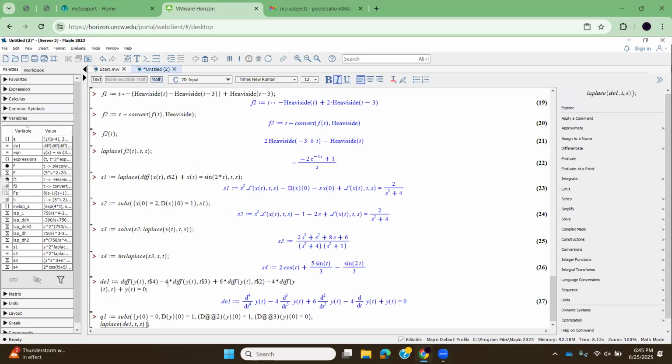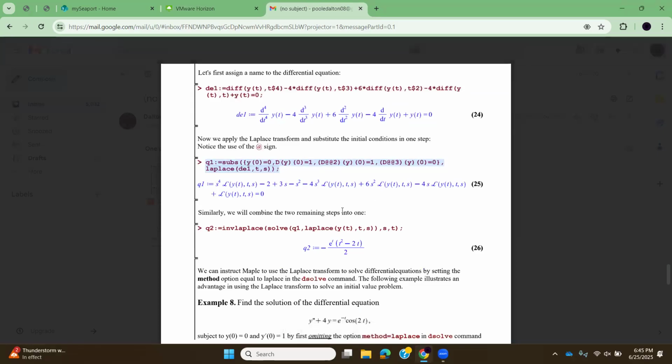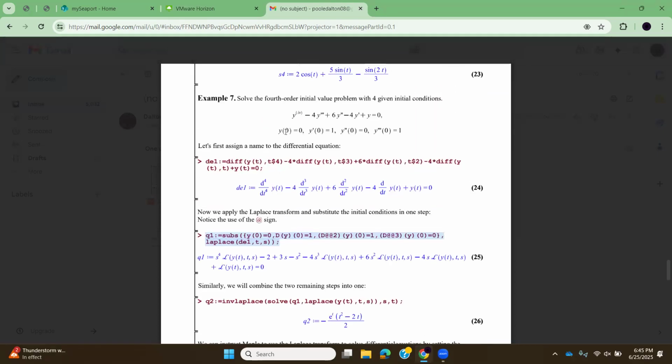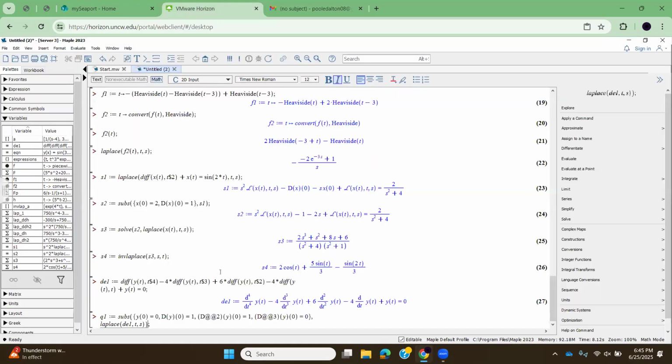What it's telling you to do is you're subbing y0 equals 0, which we had here. Y prime of 0 equals 1, which we have here, dy of 0. And then D at 2 means the second derivative at 0 is 1. And D at 3 means the third derivative of y at 0 is 0.